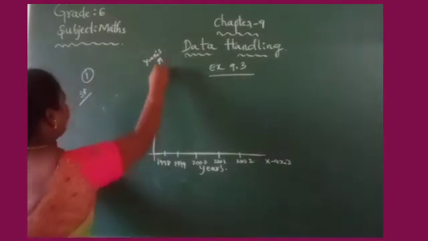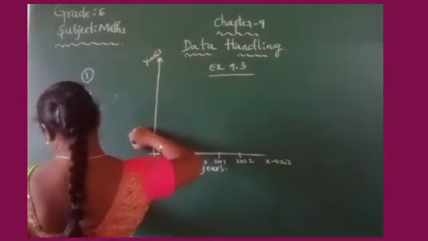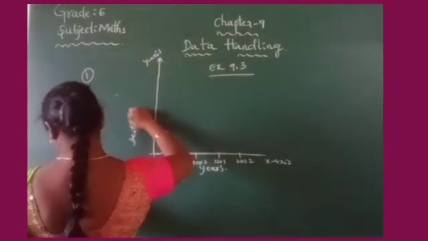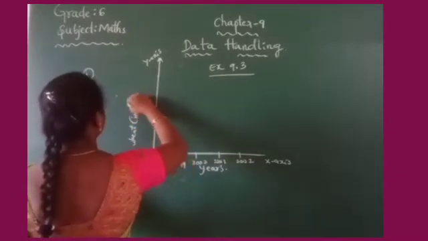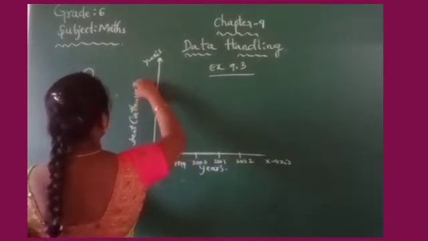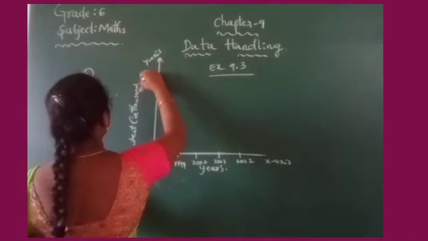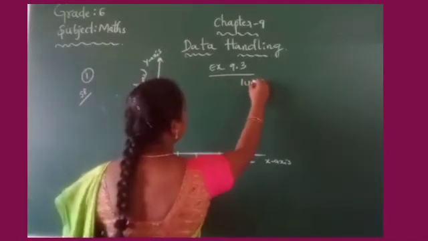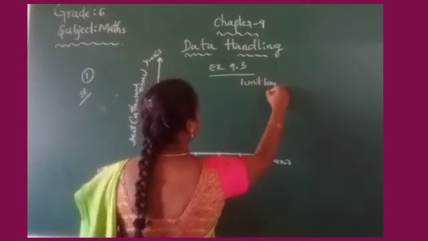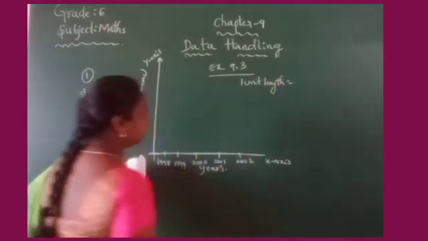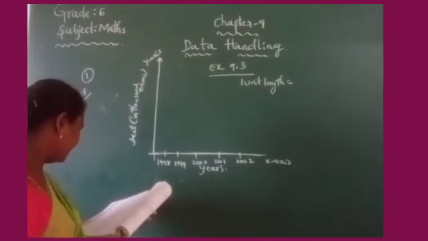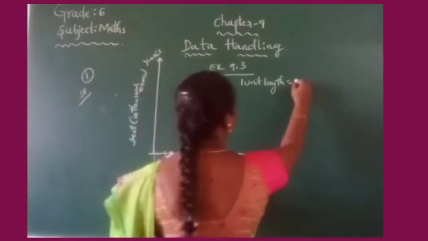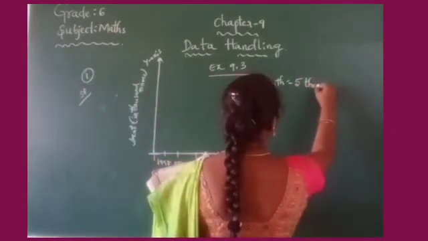On the y-axis, wheat production, that is wheat in 1000 tons. Here the scale of 1 unit length is equal to how much? 5000 tons.